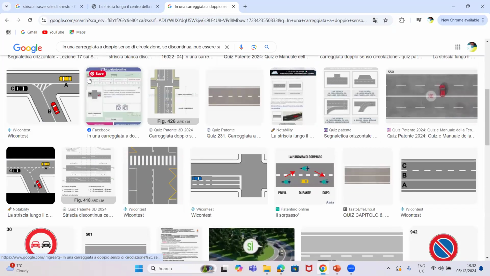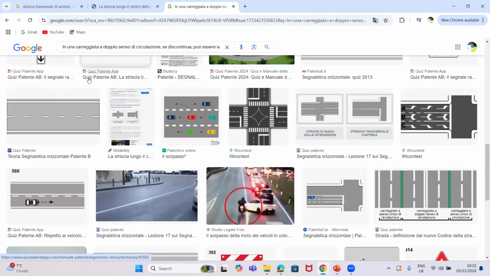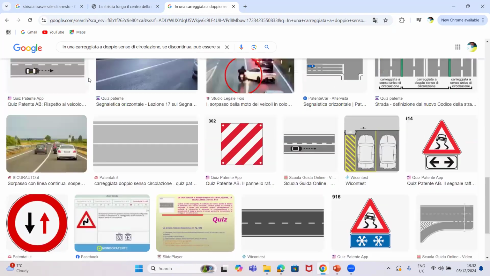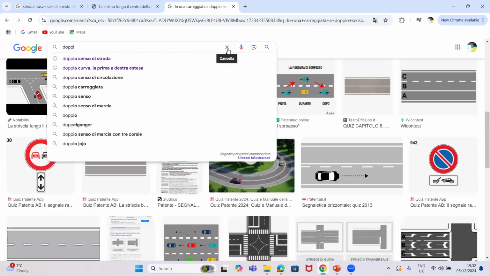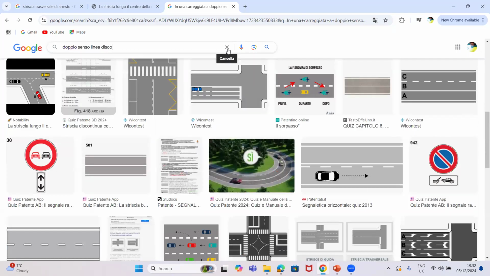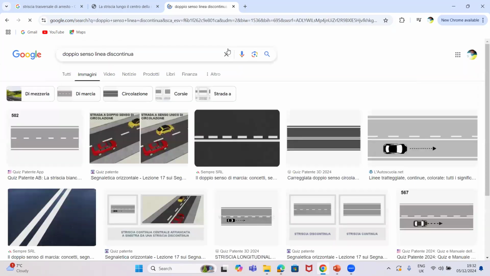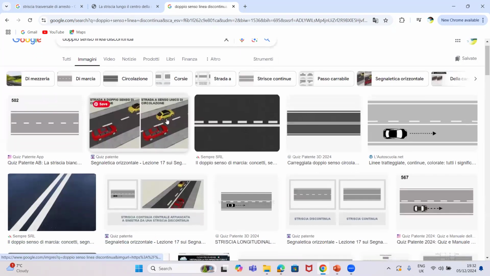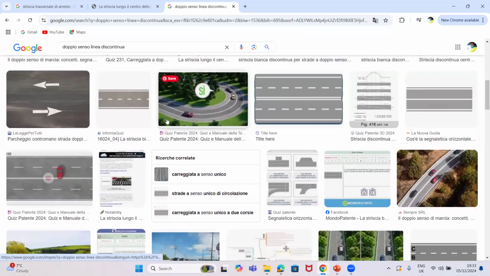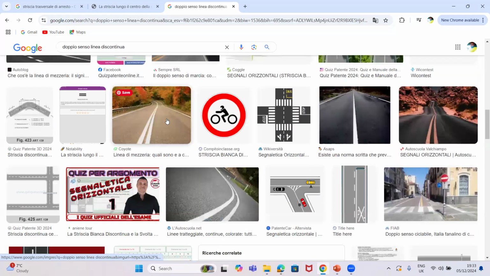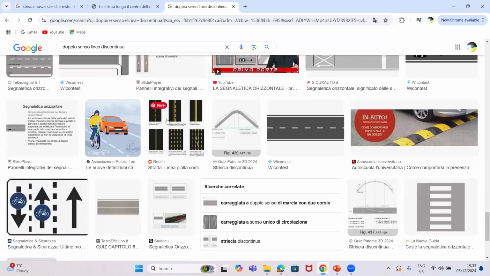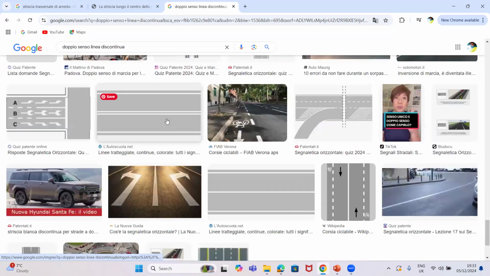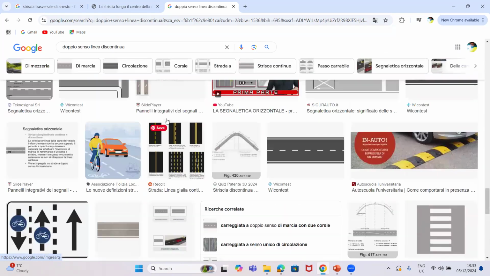Let me see if I can find a very good example. Okay, maybe I can see a good example here.